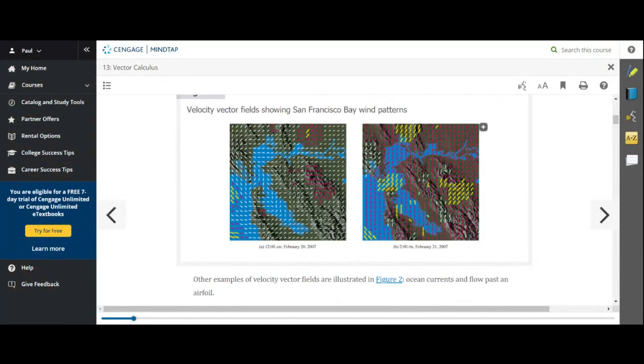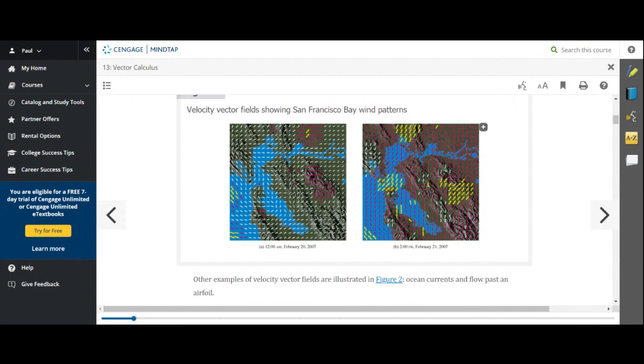Winds have direction and speed, right? We could model wind by vectors, and the direction of the wind is given by the vectors, and the velocity of the wind can be given by the lengths of the vectors.